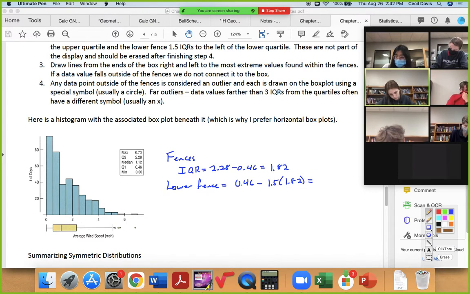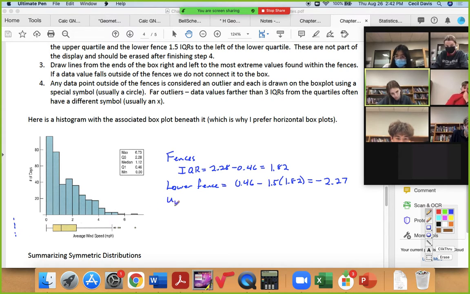So that's 0.46 minus 1.5 times 1.82, which is negative 2.27. I usually draw them with a dotted line, because I'm going to erase them eventually. Your lower fence is way over here.